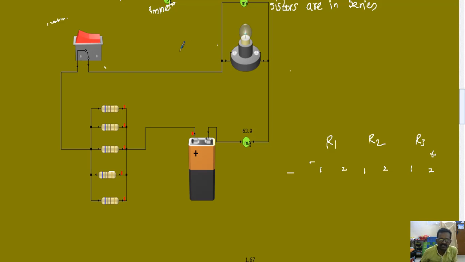The blue end is the first end for the sake of understanding. This is resistor 1. This is resistor 2. Resistor 3. Resistor 4. Resistor 5. This is the second end.